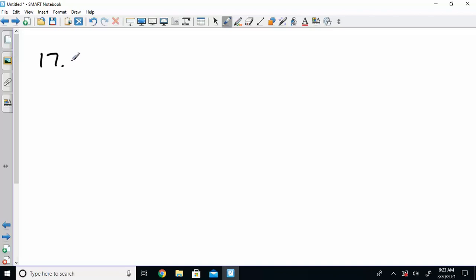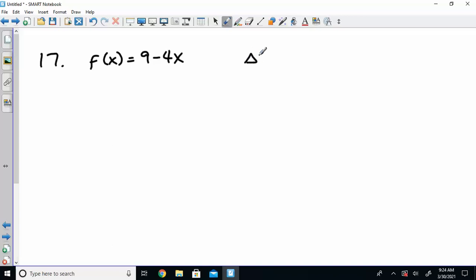I am giving you a function. And I want the exact area under the curve on the interval 1 to 2 by first computing the sum and then taking the limit as n goes to infinity.